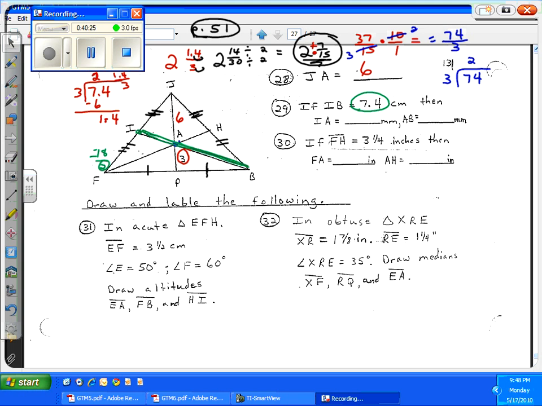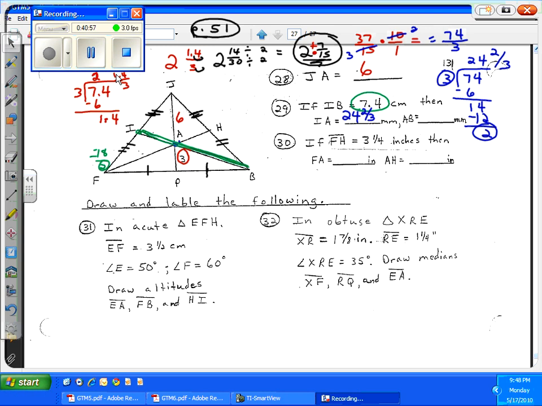It'll go 2 times, you get 6 with 1 left over, bring down a 4. 3 goes into 14 4 times, you get 12 with 2 left over. You put your remainder 2 over your divisor 3, and so it's 24 and 2/3 millimeters written as an exact answer.